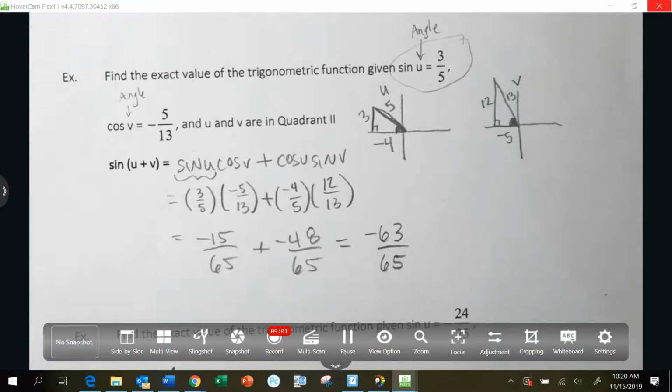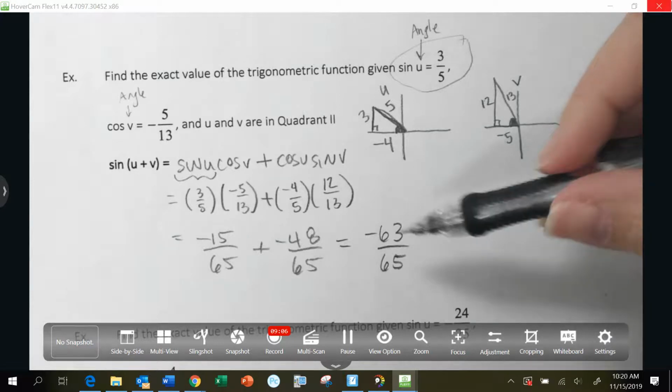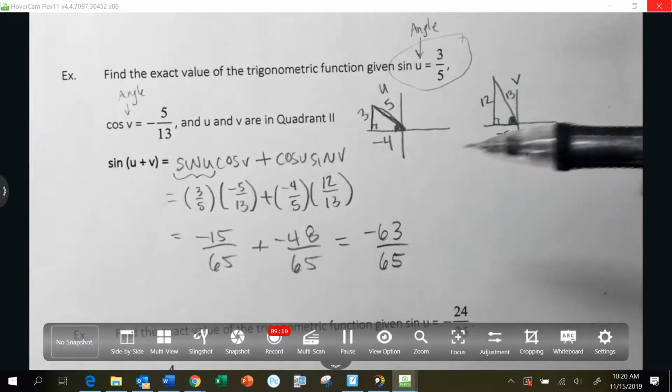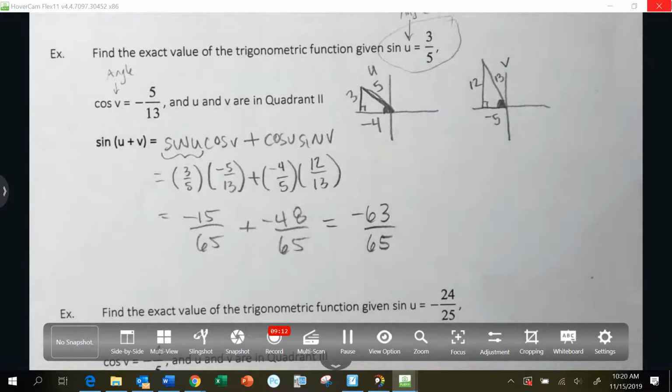There's just one thing that I would suggest that you check, because I got the sine of u plus v is this number. What is the range of values that sine could be between? What's the minimum value and the maximum value that sine always is? It's -1 to +1. That's the sine values.